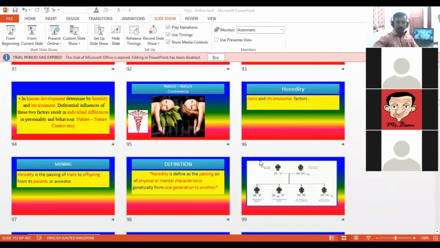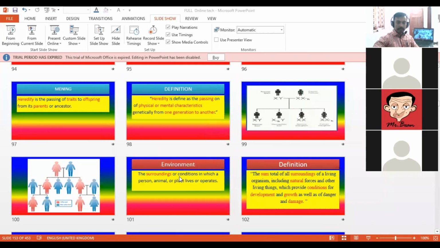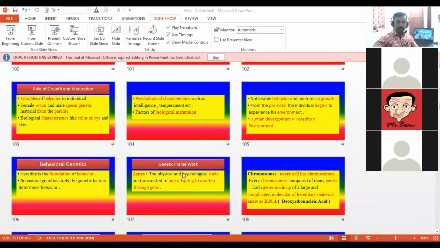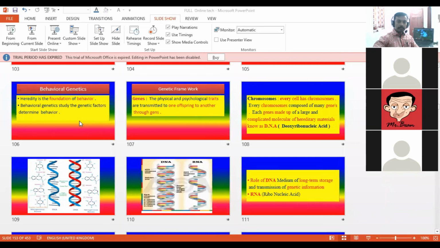Then you should write about what is meant by heredity. Then write about environment. Then you should think about some studies supporting environment as well as heredity, and think about the genetic framework, DNA, RNA.